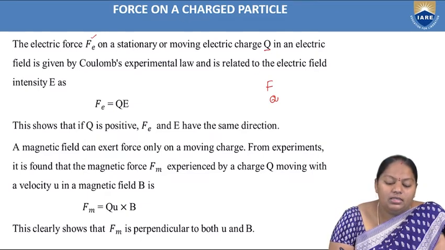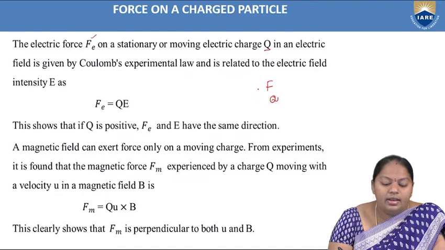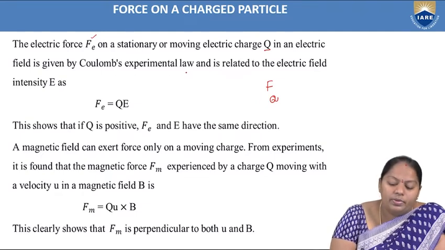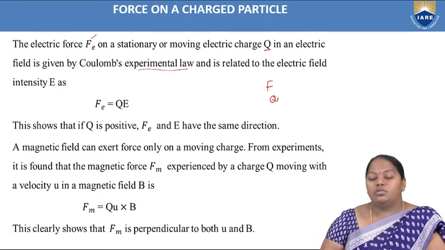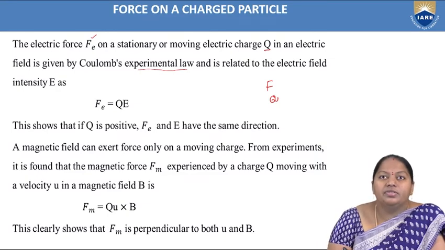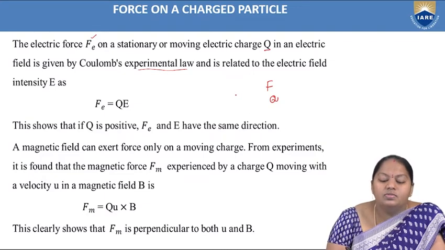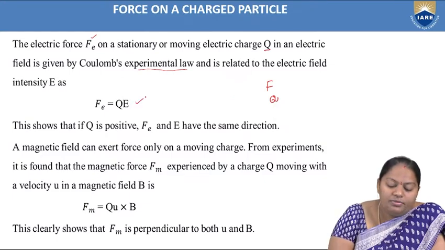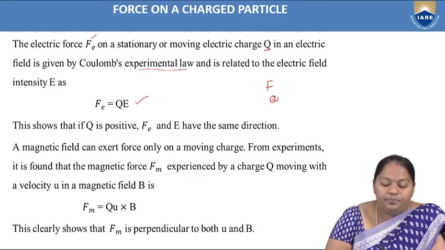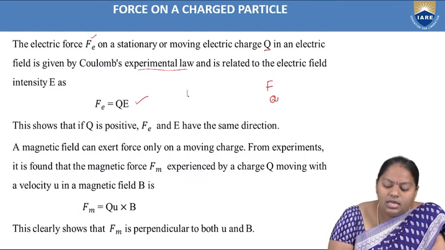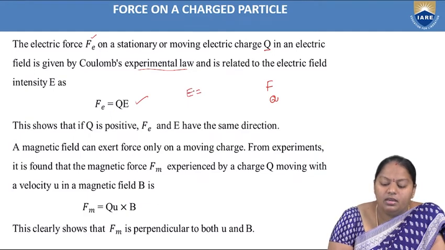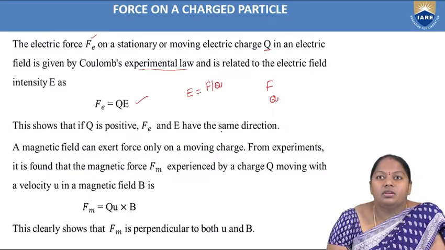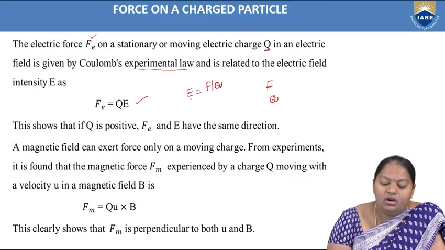The electric force Fe on a stationary or moving electric charge Q in an electric field is given by Coulomb's experimental law, which gives the relation for electric force in terms of the electric field intensity E: Fe equals Q into E. We know that electric field intensity E, by its fundamental definition, is force per unit charge Q placed in an electric field.